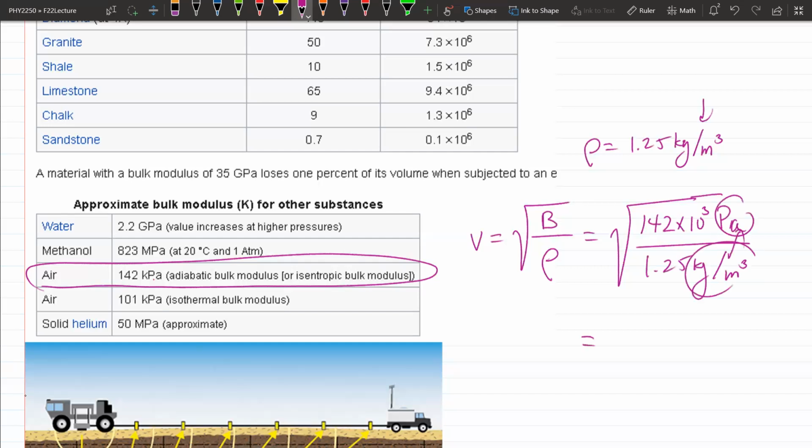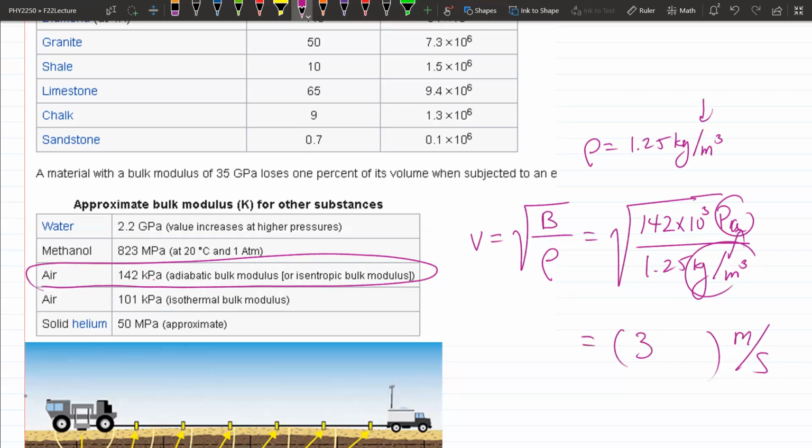So you can count on them canceling each other out so that whatever your answer is going to be in meters per second, because meters per second is the SI unit. So 142 times 10 to the 3 divided by 1.25 kilograms, all square rooted.